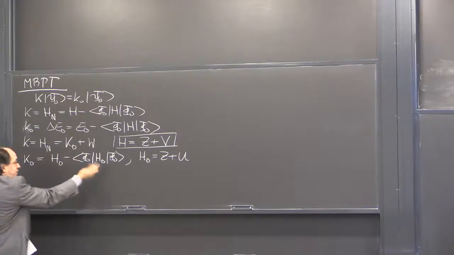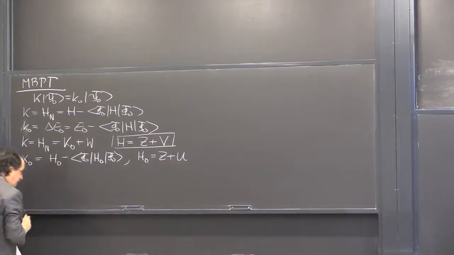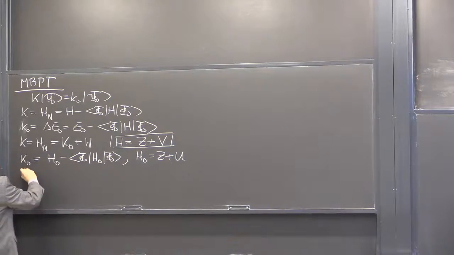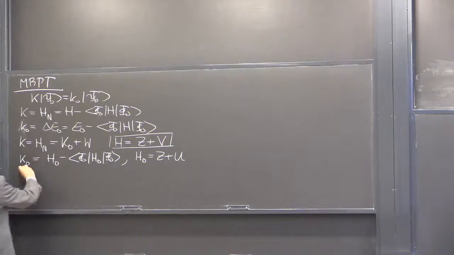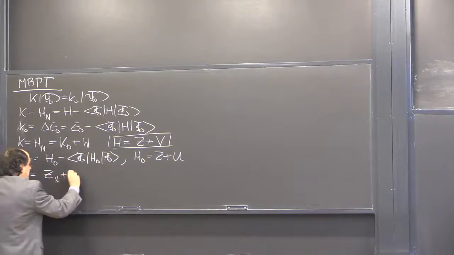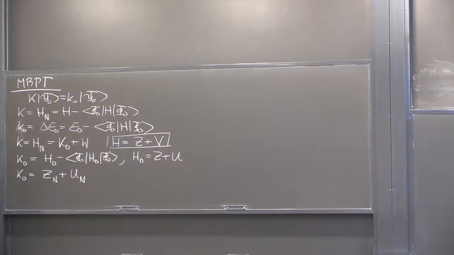And then when we return back to K0, since we are shifting it by the expectation value of H0 in the Fermi vacuum, state phi0, that defines our unperturbed state, then K0 is simply the normal product form of Z and U. Okay, that is our K0.